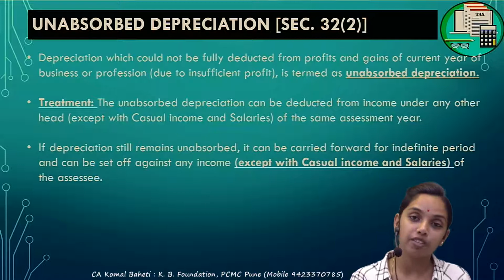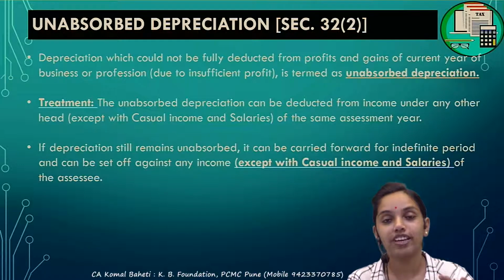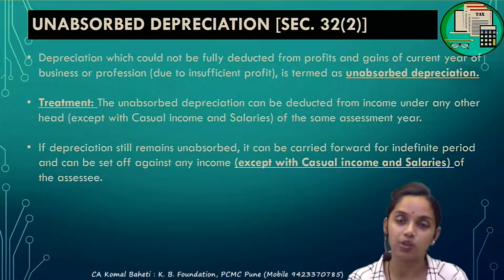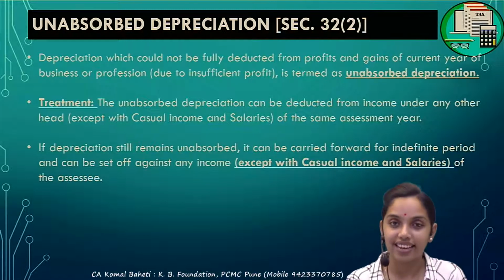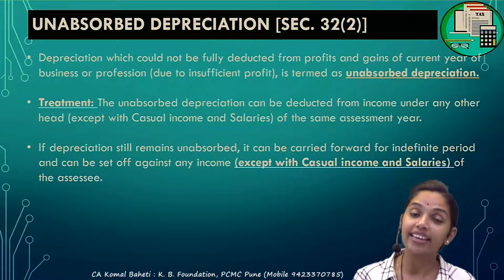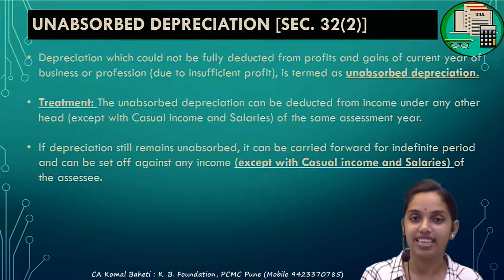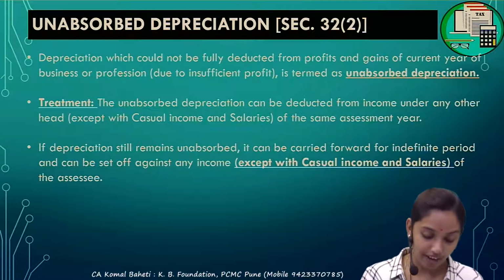Next, unabsorbed depreciation carried forward to next year is allowed to be set off against all the income except casual income and income from salary. Correct? That is the rule of set off, and that can be carried forward for an unlimited period. Other business losses can be carried forward only for 8 years. Correct? But unabsorbed depreciation is allowed to be carried forward for an unlimited period.